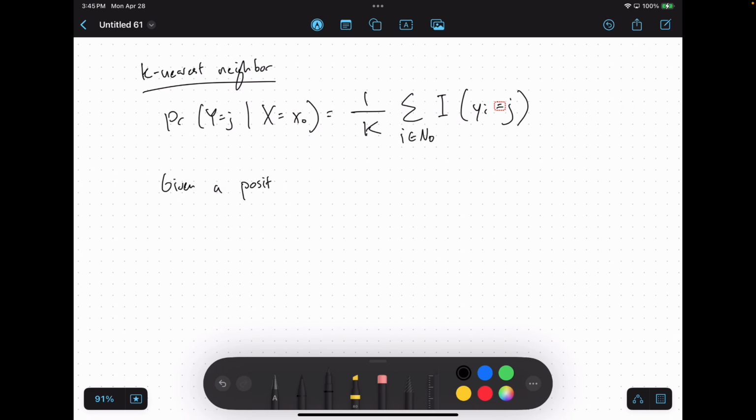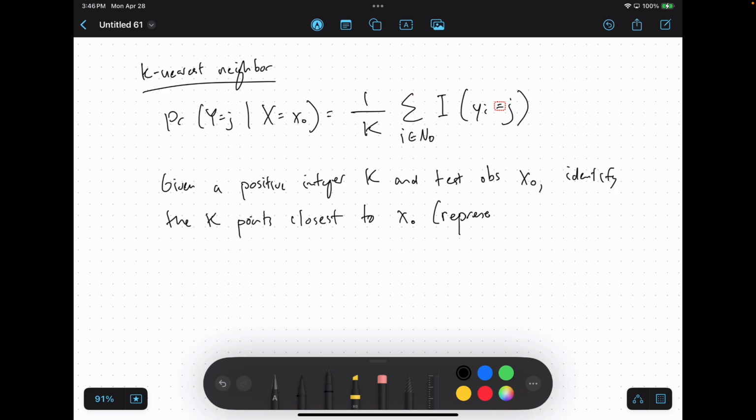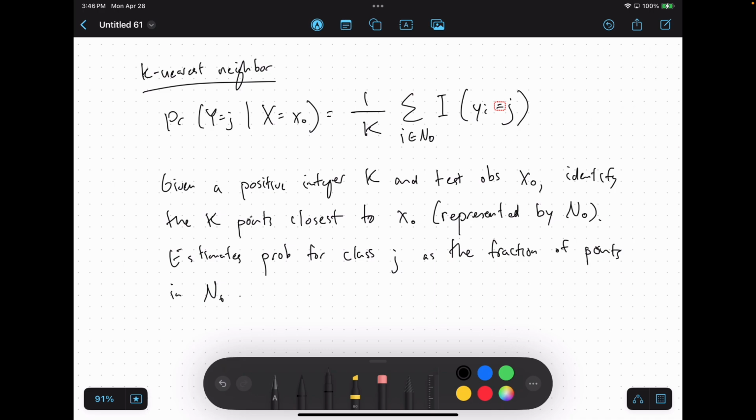So given a positive integer k and test observation x0, identify the k points closest to x0, represented by N0. Estimate the probability for class j as the fraction of points in N0 whose response equals j.